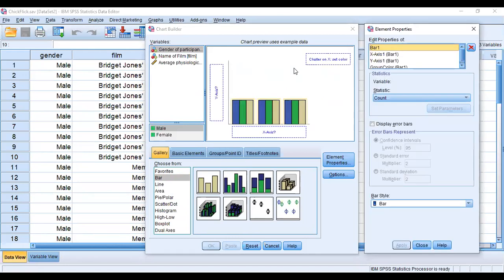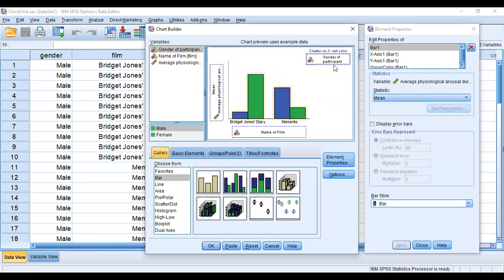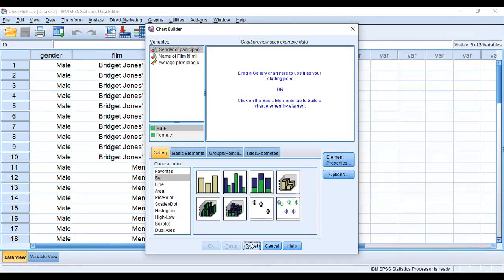Now name of film, I will take it here. Name of film on the x-axis, average physiological arousal on the y-axis, and gender I am dragging and dropping into this. I can repeat again, no problem, reset. Here this one is the stacked or clustered bar.